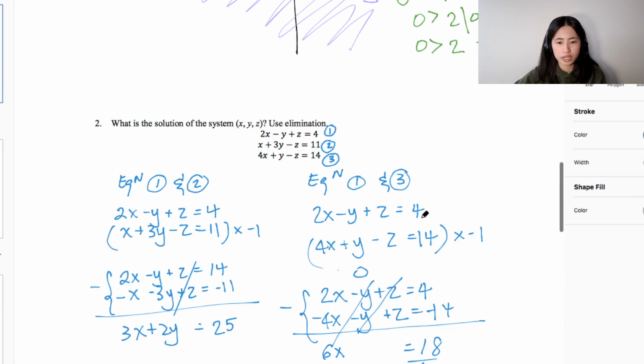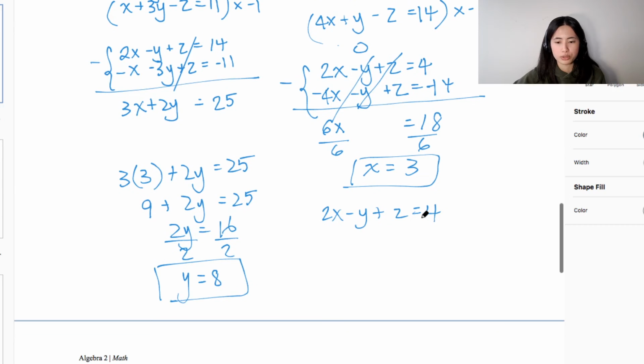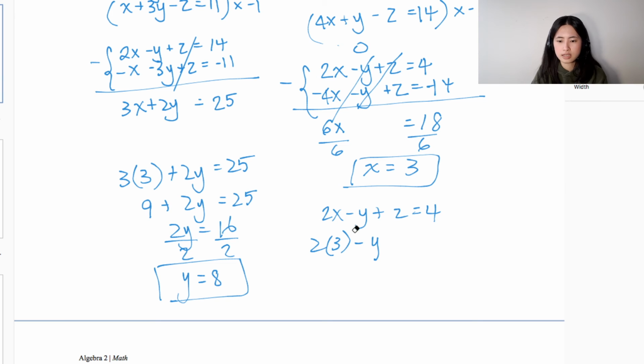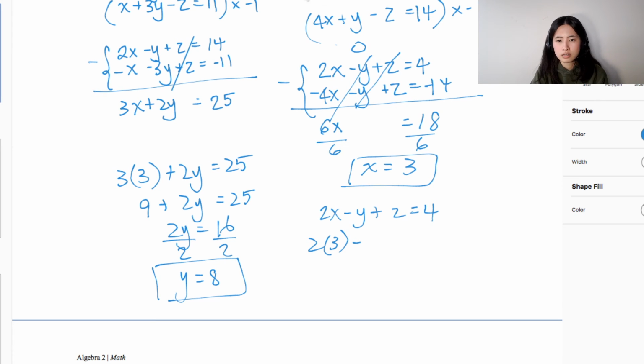Okay, just to double check, 2x minus y plus z is equal to 4. So as I mentioned, we're now solving for z, so all you have to do is plug in 3 whenever you see an x, and you have y, which is just 8. And this is going to be plus z, which is equal to 4, right?